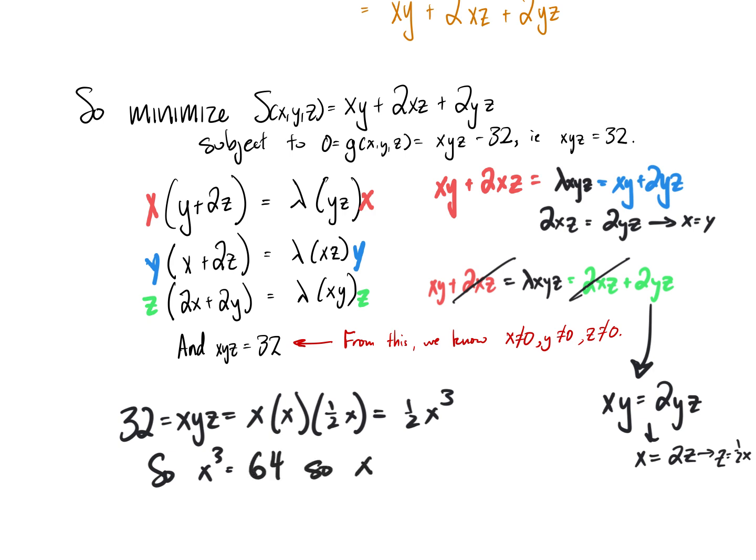And so x is going to be the cube root of 64, which is 4. Okay? So that tells us then that y will equal 4, and z will equal 1/2 times x, or in other words, 1/2 times 4, which is 2. And all those units are feet, because our units up above were cubic feet.